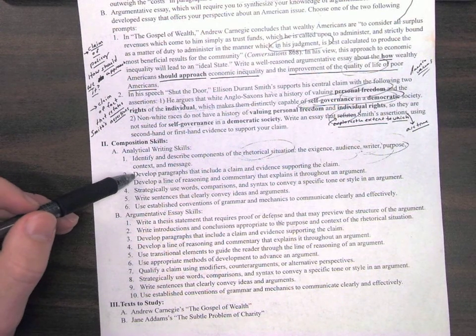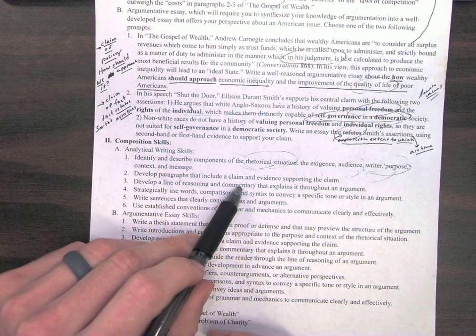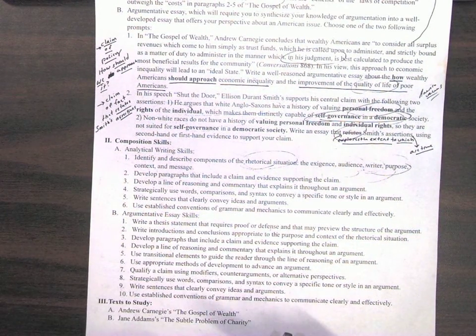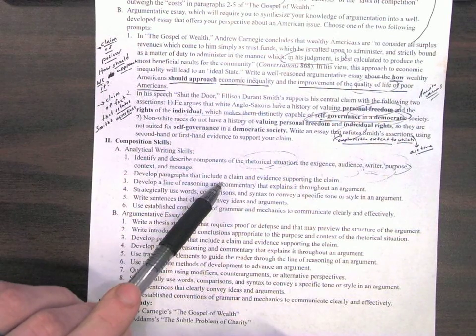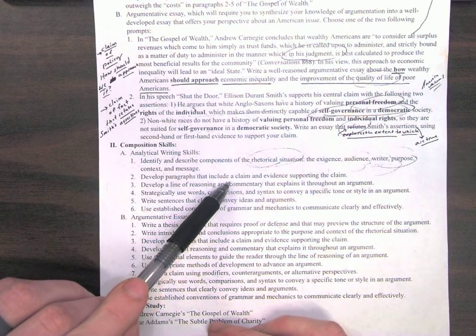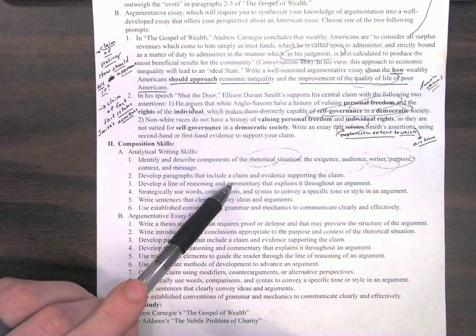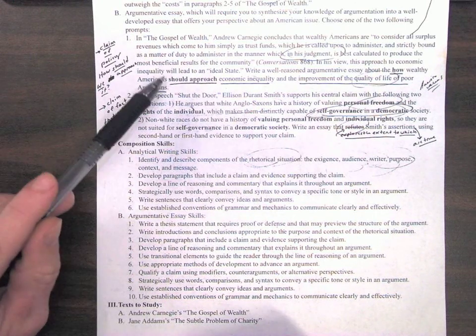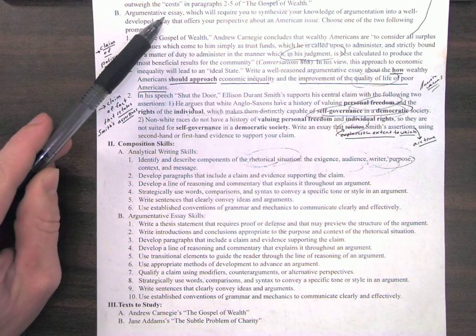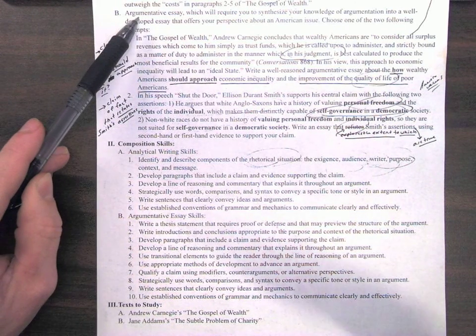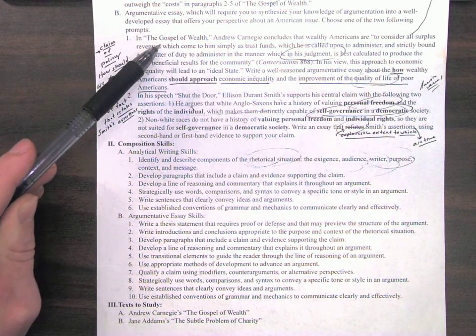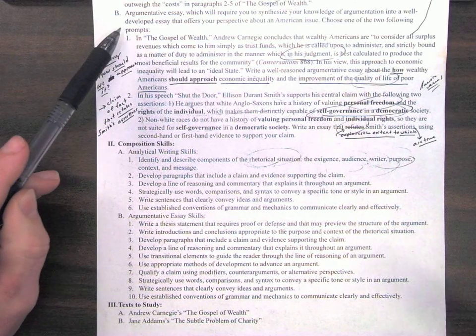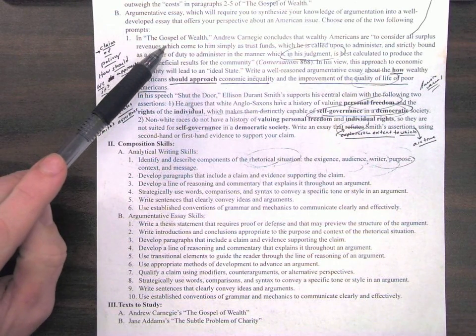You also need to be able to develop a paragraph that includes a claim and evidence supporting the claim. All right. So your central claim in analytical writing is a little bit different than, say, a central claim in an argumentative piece of writing. Your central claim is identifying what kind of evidence or what kind of line of reasoning is going on in a certain piece of text.